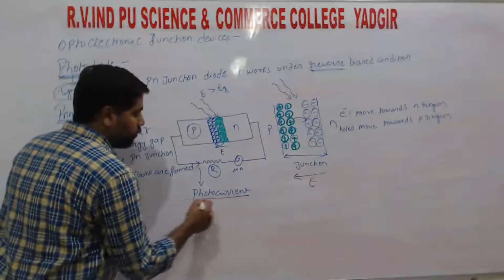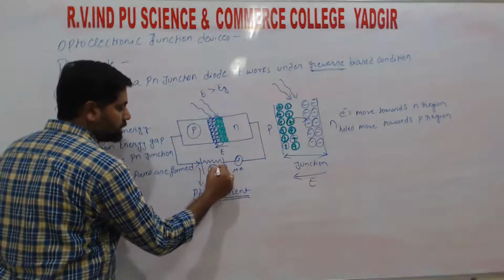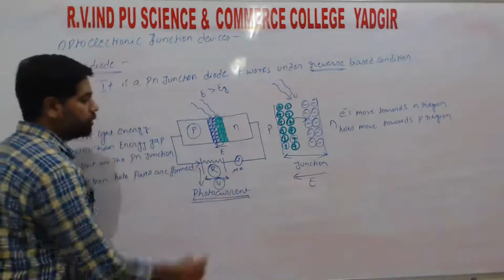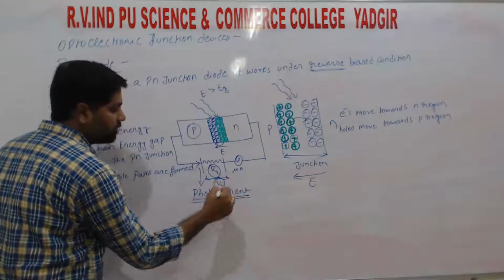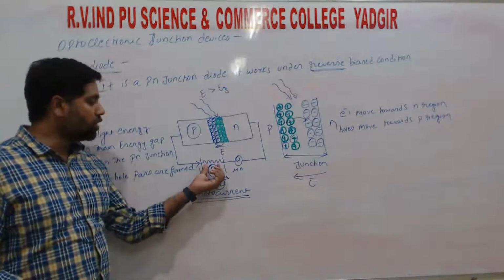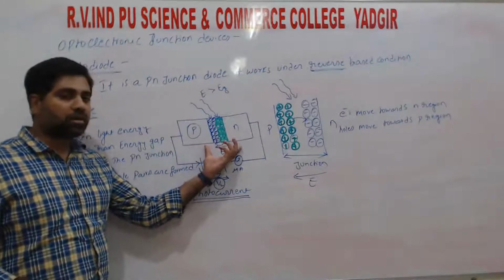This photo current flows through the load resistance, so here we get the voltage. If we call this the load resistance, we say this voltage is VL. We can extract the voltage across the resistance which is connected external to the PN junction diode.